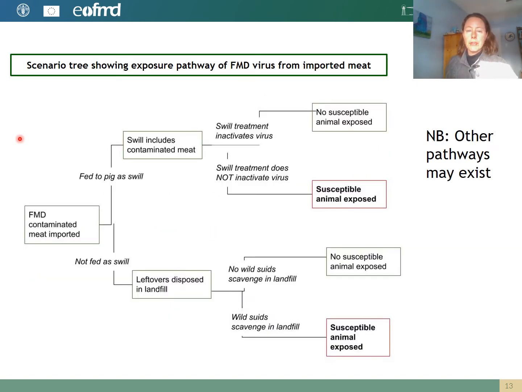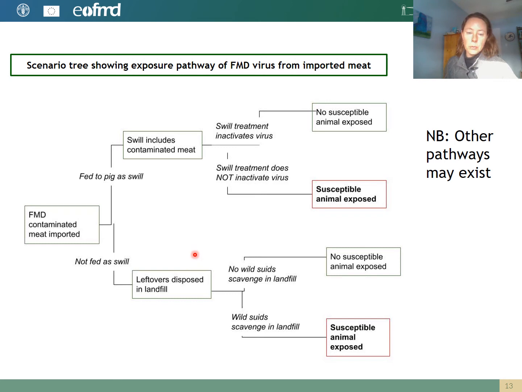So continuing with our example, here's a scenario tree for the exposure assessment. And you can see that it begins with foot-and-mouth disease, contaminated meat already imported. And then it goes on to describe 2 possible pathways. One in which pigs are fed contaminated swill, resulting in susceptible animals being exposed.